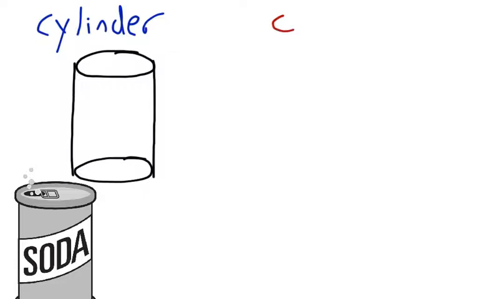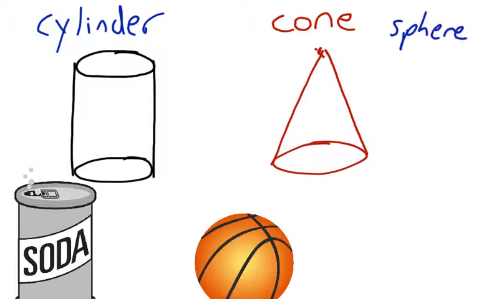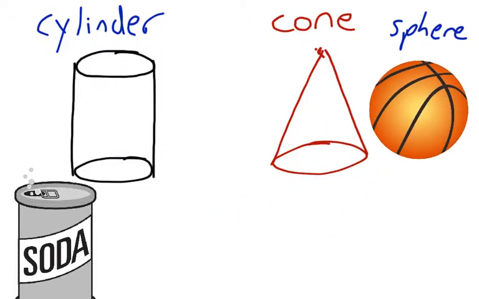Alright, now we'll draw a cone. A cone is just going to be one circle that comes up to a point. And then a sphere, it's just like a basketball. It's hard to really show that a sphere is a three-dimensional object.